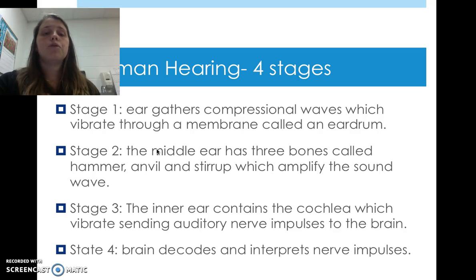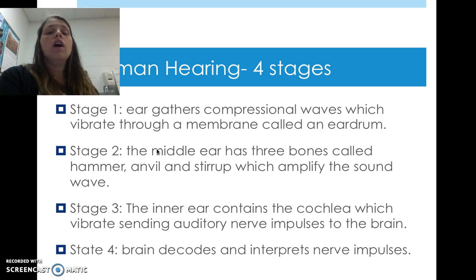So human hearing, there are 4 stages to human hearing. The first stage is the ear is going to gather the compressional waves, which vibrate through a membrane called an eardrum. So those compressional waves hit the eardrum. In stage 2, the middle ear has 3 bones called a hammer, an anvil, and a stirrup, and they amplify the sound waves. So in other words, they increase the amplitude of the compressional waves that have been brought in.